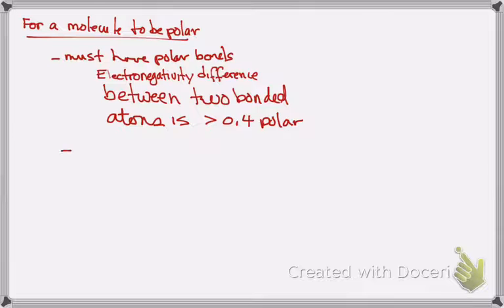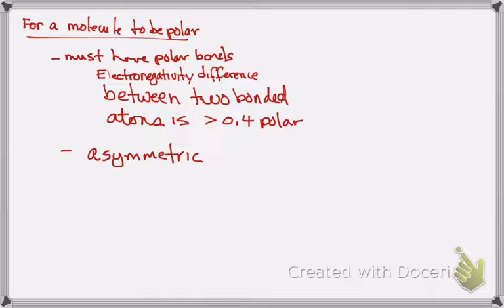And then for a molecule to be polar, it has to be asymmetric. Okay? So symmetry is something that in a lot of ways is taught just by experience, okay?